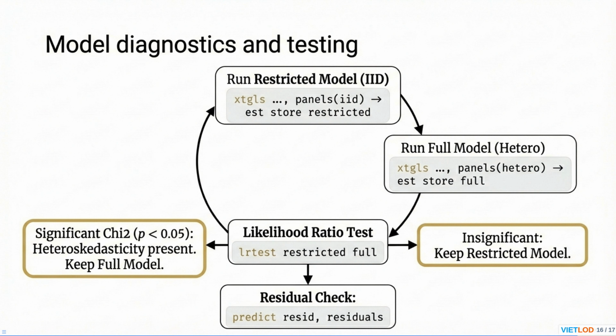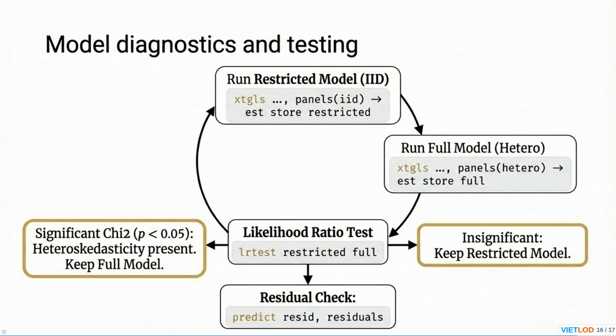This distinction leads to a clear recommendation rule. If your dataset is wide, meaning the number of units, N, is greater than the number of time periods, T, then xtpcse is generally the more robust choice. Conversely, if your dataset is tall, with significantly more time periods than units, T much greater than N, then xtgls is often the more efficient and appropriate method.